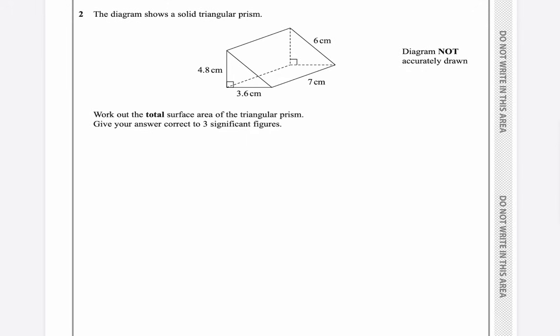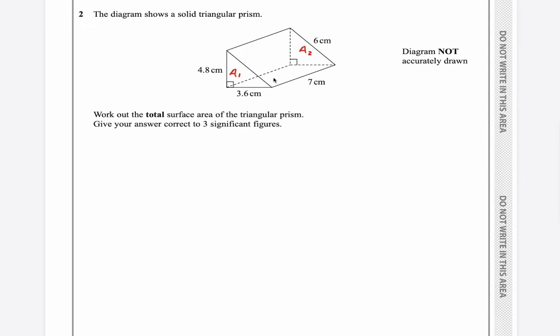Okay, so guys, we have obviously a triangular prism, and this has 1, 2, 3, 4, 5 faces. So there's the 2 triangles, a rectangle at the bottom, a rectangle at the side, and then this kind of slanted rectangle. So I'm going to call the triangle area 1. I'll call this other triangle area 2.